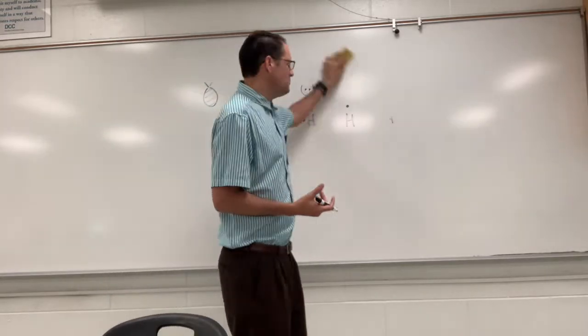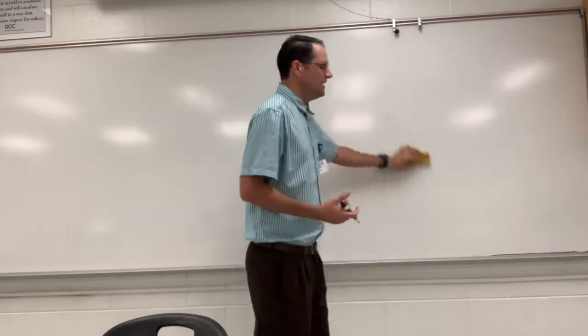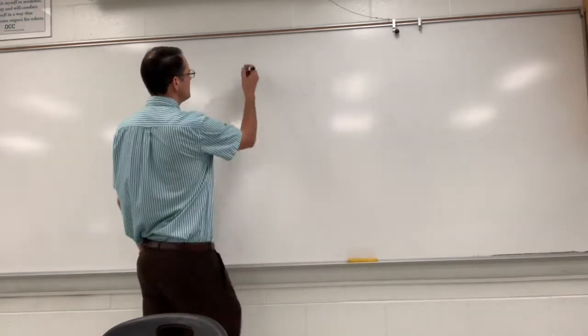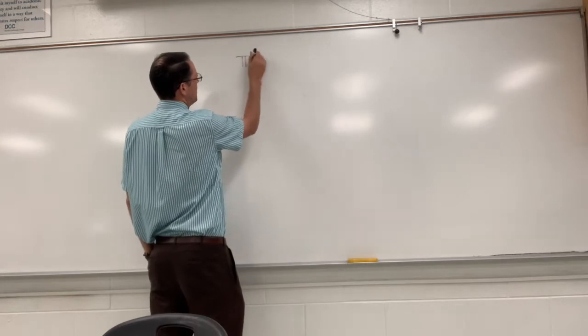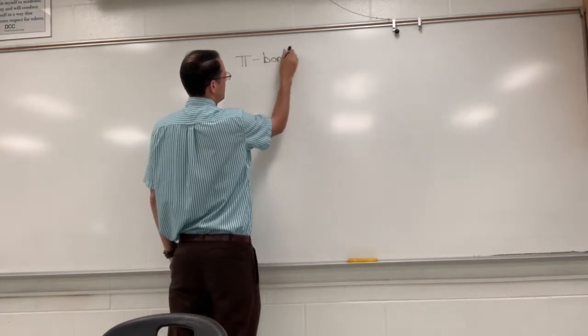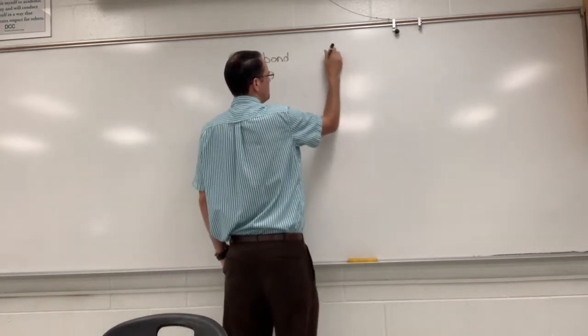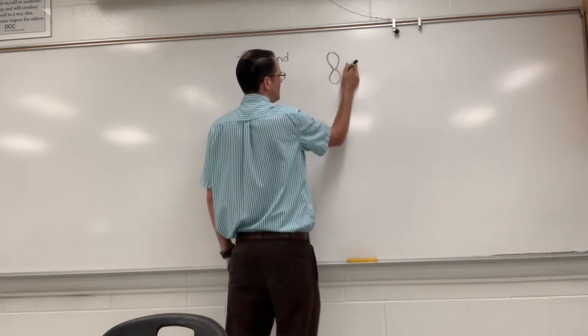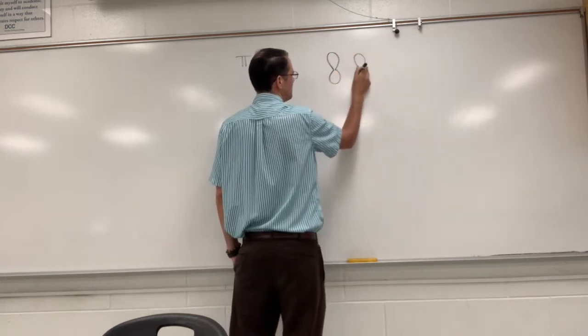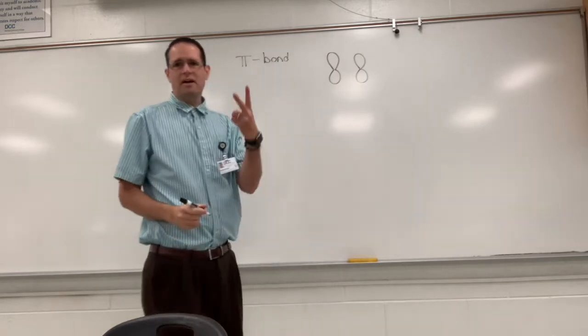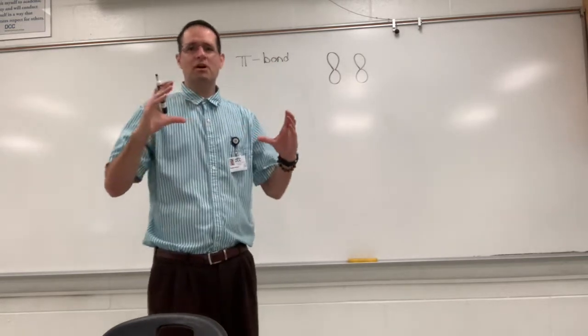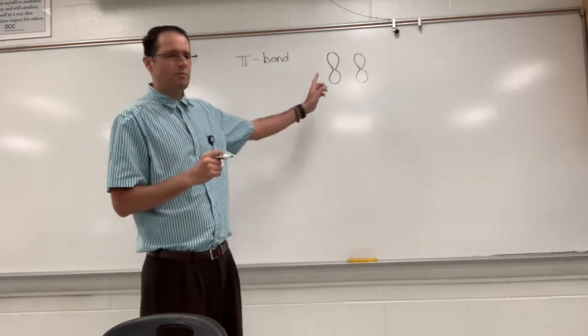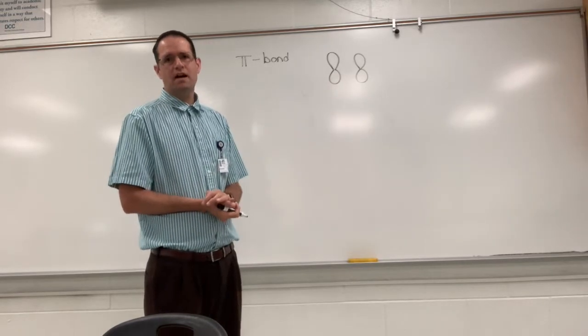Now, what about a pi bond? Now, remember from our previous discussions in the class, a pi bond is an orbital overlap between two p orbitals on adjacent atoms. And a pi bond is two electrons, okay? Any bond is two electrons. So we want to put two electrons in here to describe that bond.